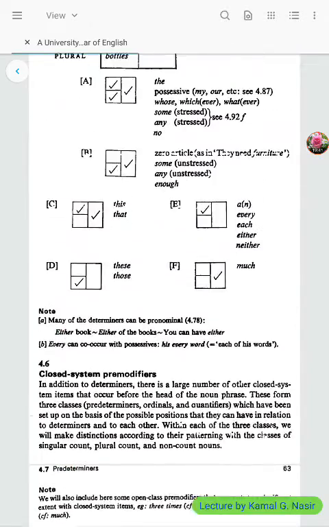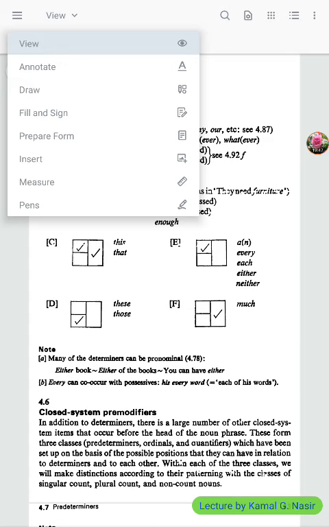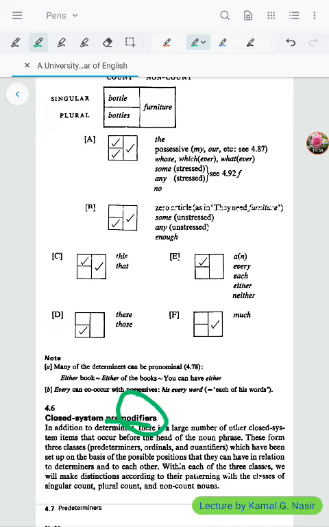Before this, let us take something related to what a closed system pre-modifier is. We said the pre-modifiers are modifiers which come before the noun. And what is the other type? Post-modifiers.